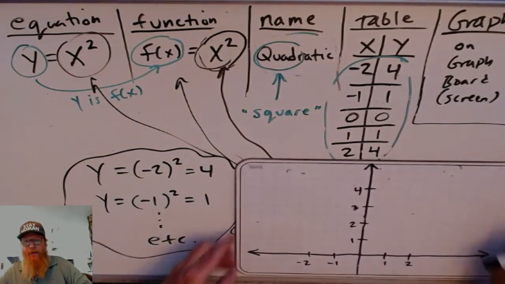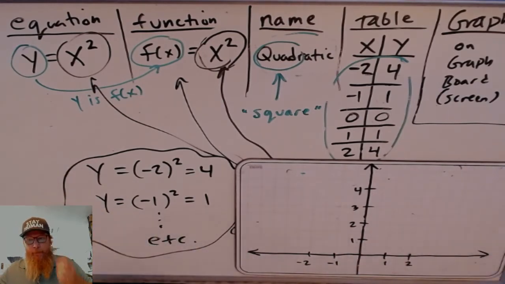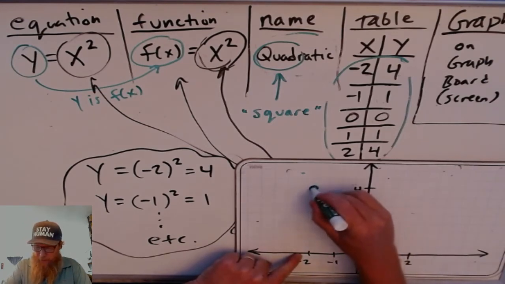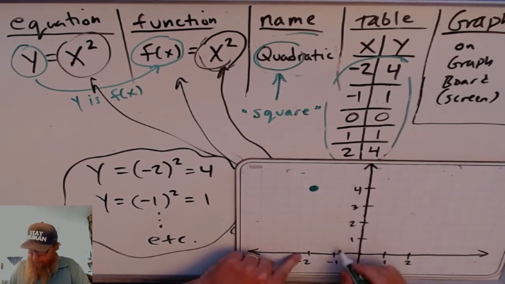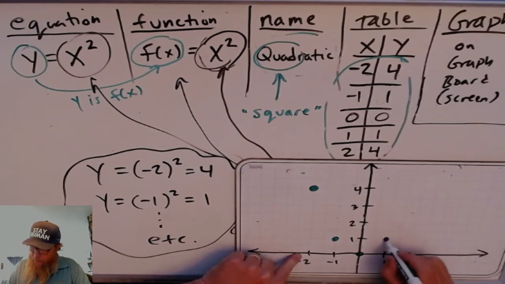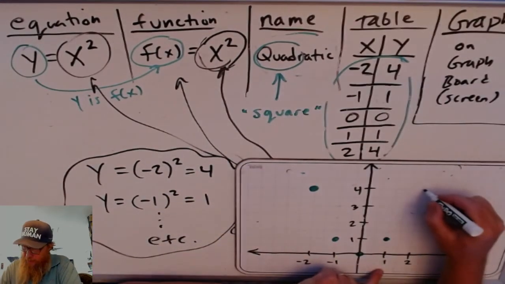All right, here's my graphing board. -2 and 4. -1 and 1. 0, 0. 1, 1. I'm just reading them off this list here. And 2, 4.